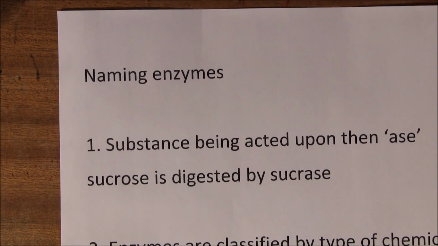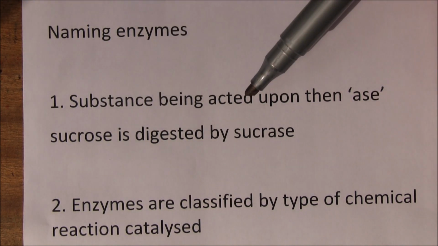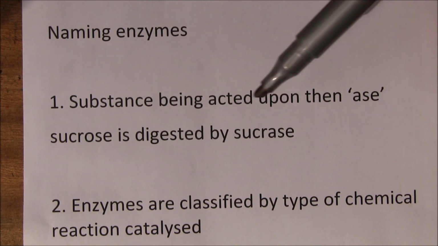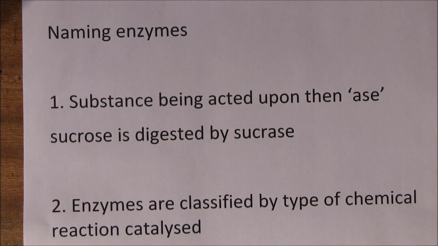Now it's interesting to think about how enzymes are named. The principle often is it's the substrate, or the substance being acted on, and then an "ase" on the end. So for example, sucrose is digested by sucrase.